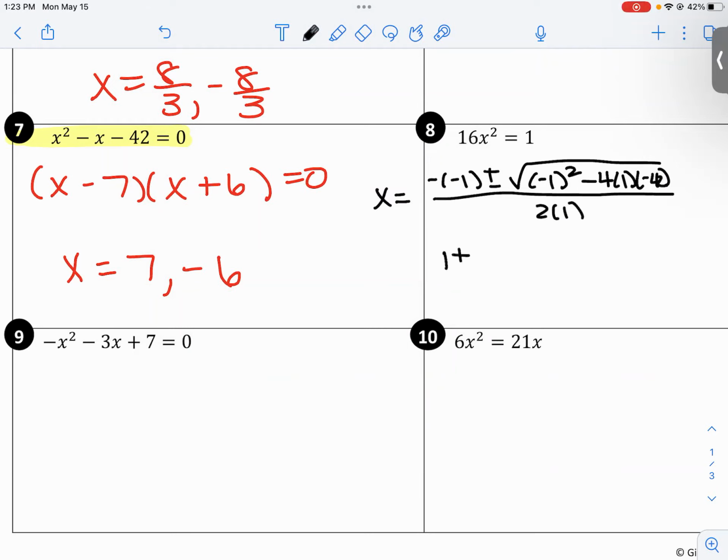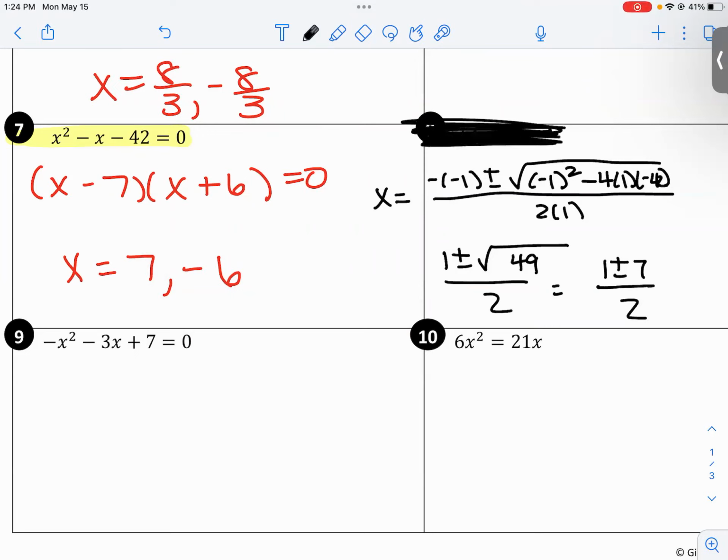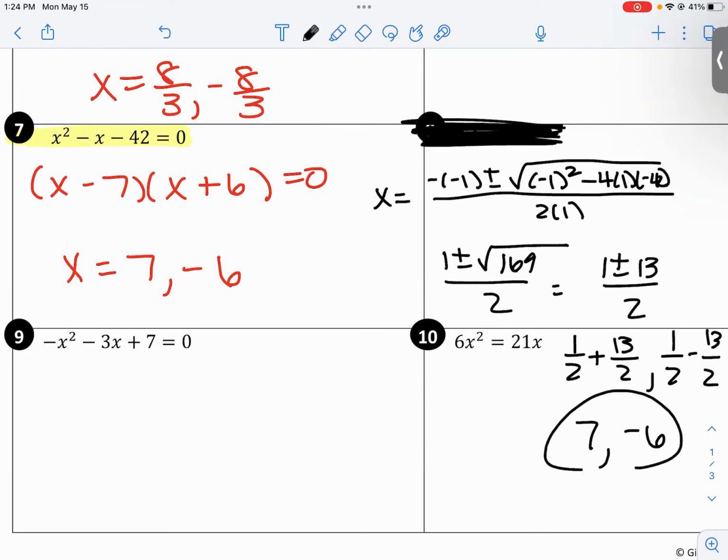So you would have a positive 1 plus or minus the square root of 49 over 2. Oh, shoot. Sorry. What's 42 times 4? 168. So this is 169. So this is 1 plus or minus 13 over 2. So we have 1/2 plus 13 halves, 1/2 minus 13 halves. So this one would be 7, and this one would be -6.